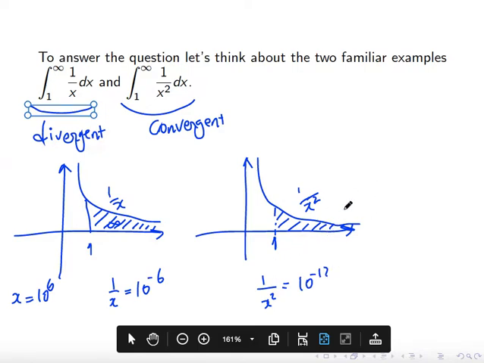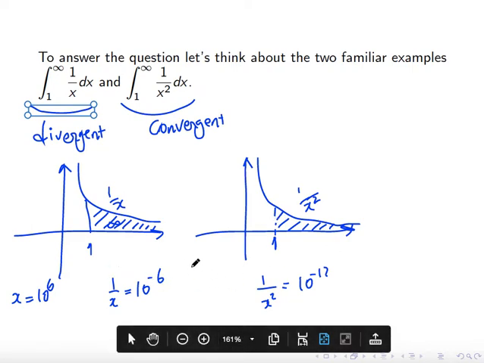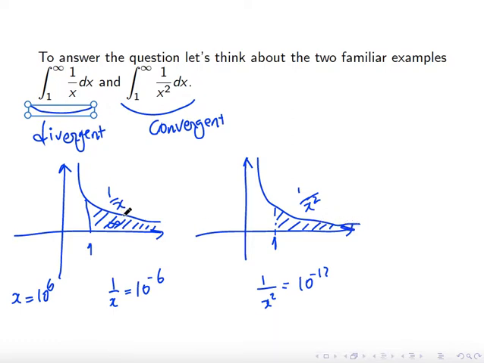So the difference is huge, but this is not even enough if we compare 1 million with infinity. At infinity, 1 over x squared goes to 0 much faster than 1 over x.